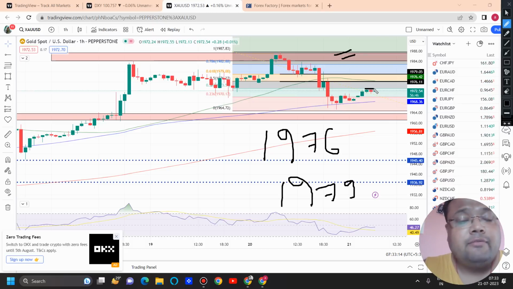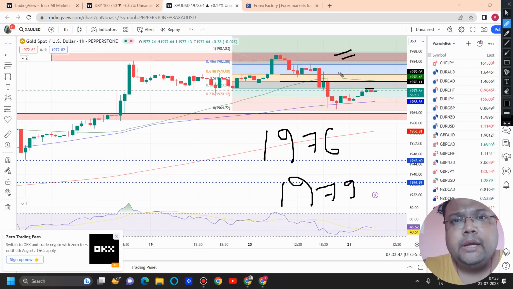During the day, if the volatility of the market remains like this, listen to me carefully, then you can expect 1976 to work as resistance. Simply go to the 15 minute time frame. If you see the market is showing price rejection from below, immediately go for a sell, expect 15 to 20 pips and exit. Similarly, 1979 is also a quick selling opportunity for scalpers. If you sell at 1979, you can expect a profit at 1977.